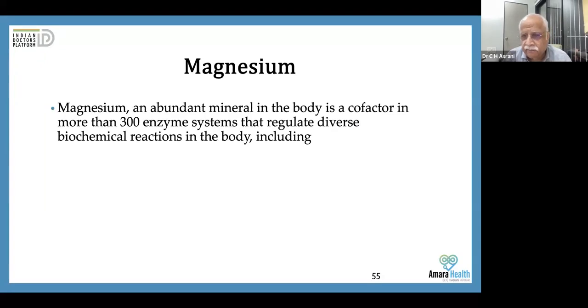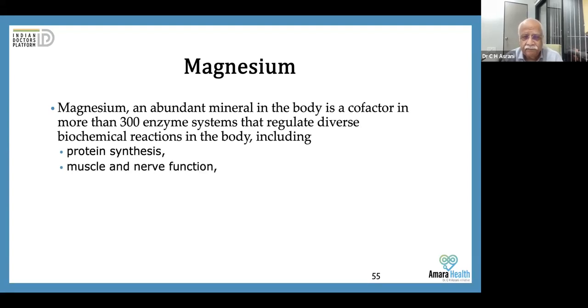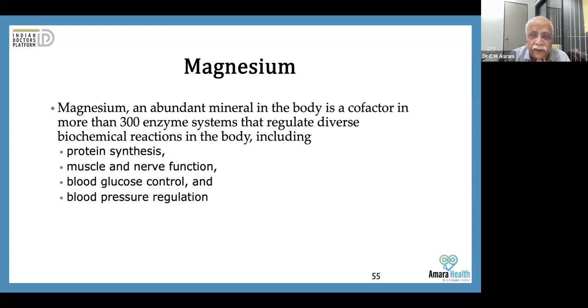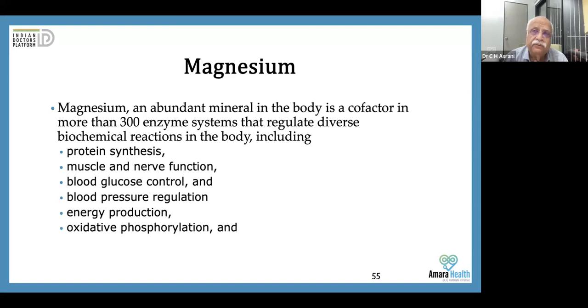Magnesium is another abundant mineral in the body and a cofactor in more than 300 enzyme systems that regulate diverse biochemical reactions. So magnesium affects multiple hundreds of systems, including protein synthesis, muscle and nerve function, muscle contractility, nerve conduction, blood glucose control, blood pressure regulation, and production of energy, ATP, and oxidative phosphorylation.